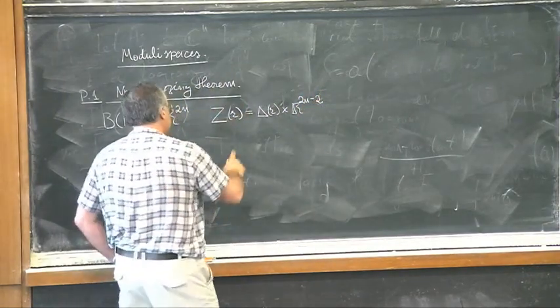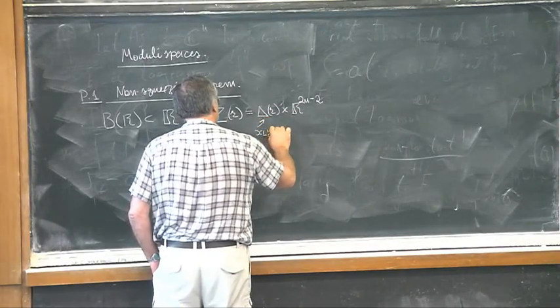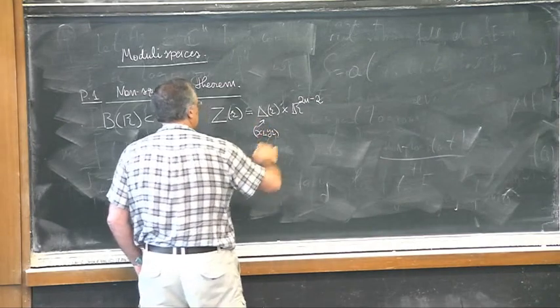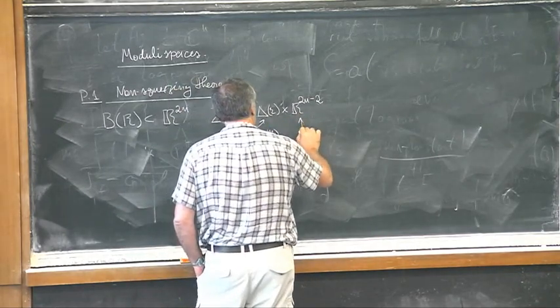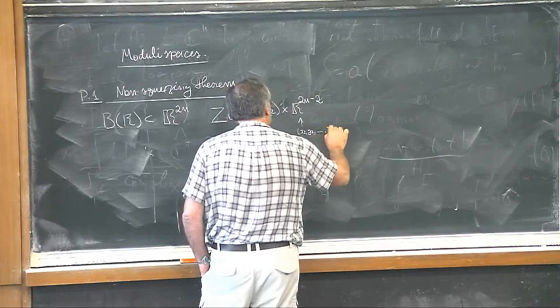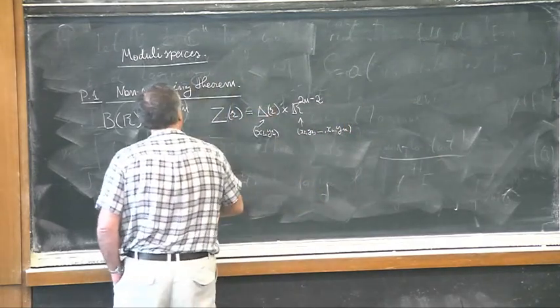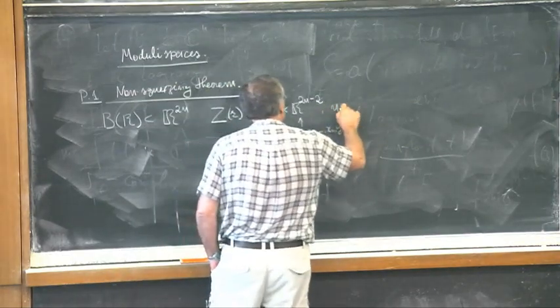So this disk is in coordinates x1, y1, and here are coordinates x2, y2, and so on, xn, yn. n is bigger or equal than 2.